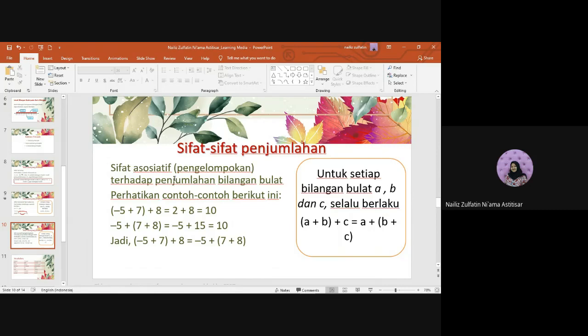Sama dengan yang kedua, negatif 5 ditambah dalam kurung 7 plus 8 sama dengan negatif 5 plus 15 sama dengan 10. Jadi untuk setiap bilangan bulat A, B, dan C selalu berlaku A plus B dalam kurung plus C sama dengan A plus dalam kurung B plus C.